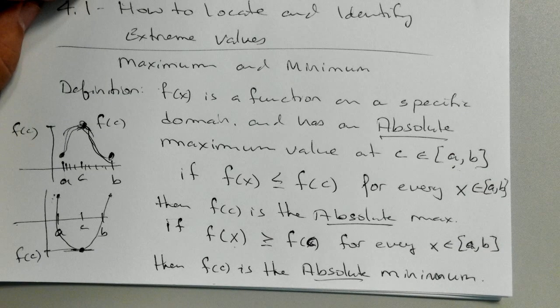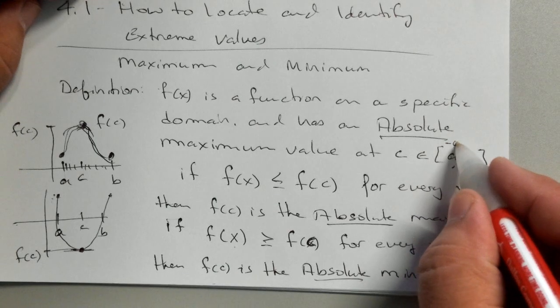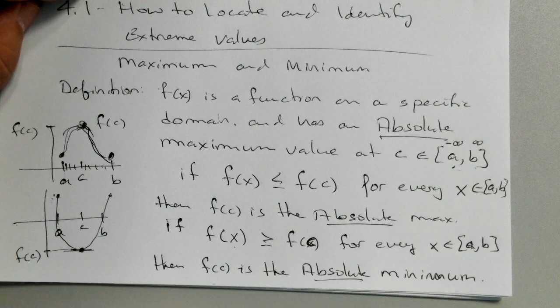It could be an infinite bound, all real numbers. In other words, we can go from negative infinity to positive infinity if it's absolute. The maximum is larger and higher than all other values. The absolute minimum is lower than everything else.